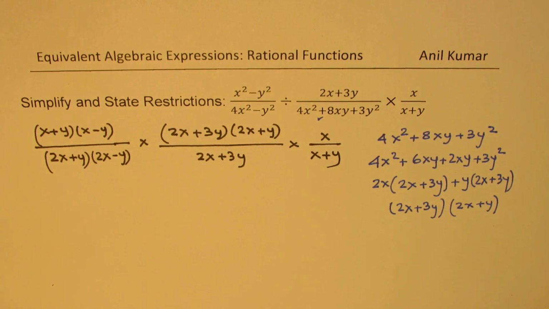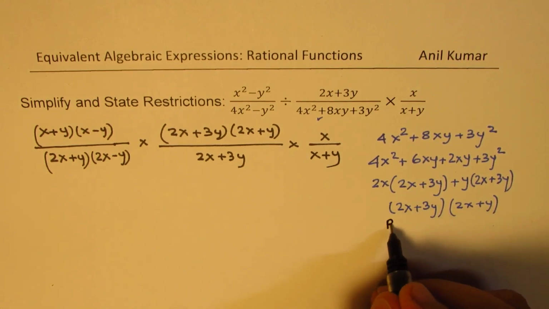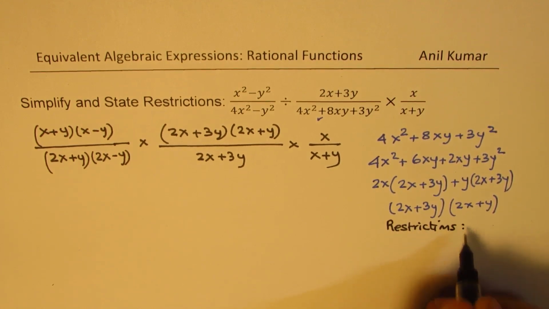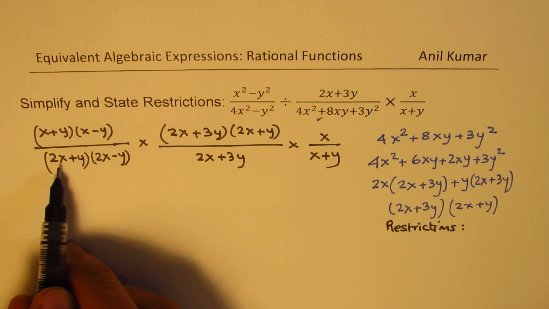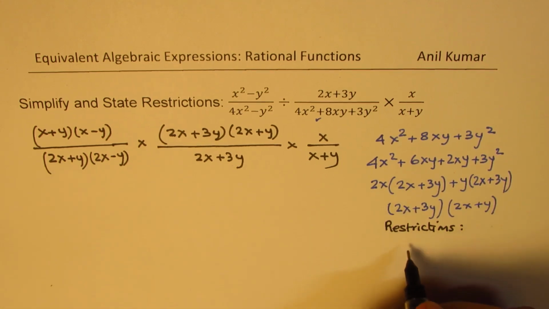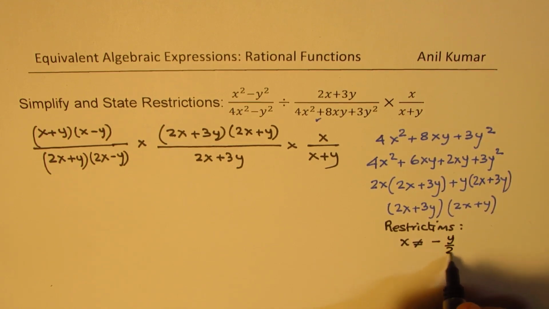Now, before cancelling, let us write down our restrictions. Restrictions are, from here if we begin, x is not equal to minus y over 2, right? So x is not equal to minus y over 2.